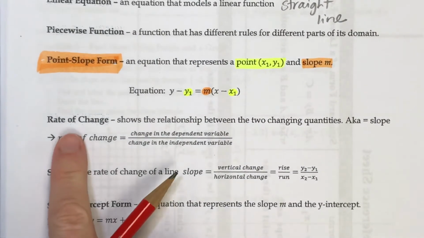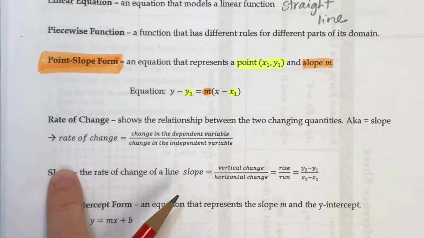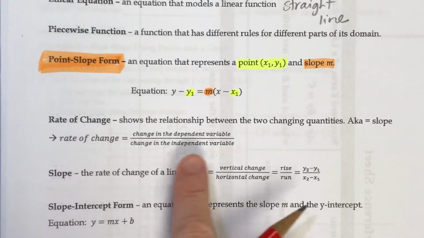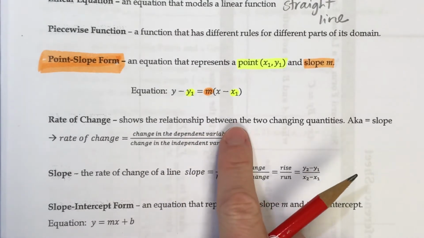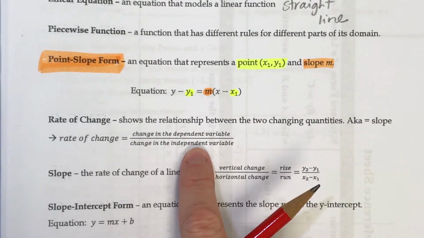Now, the vocab words rate of change and slope really go hand in hand. They mean the same thing, but rate of change is how the two relationships are working together. So it would be the change in y over the change in x.